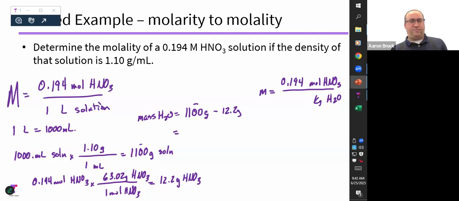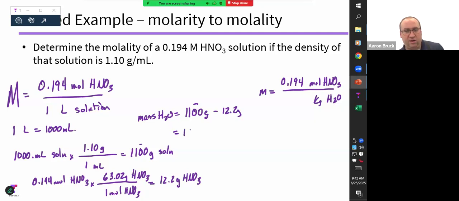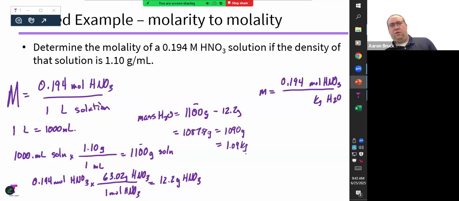And so the calculator says 1087.8. We are going to have to round that to 1,090. And since we're interested in kilograms of water, not just grams, we need to divide by 1,000.